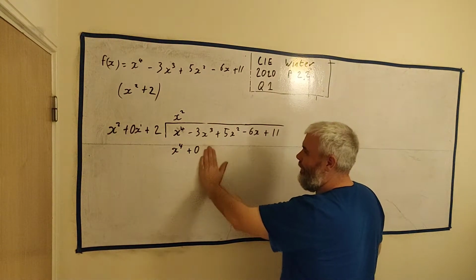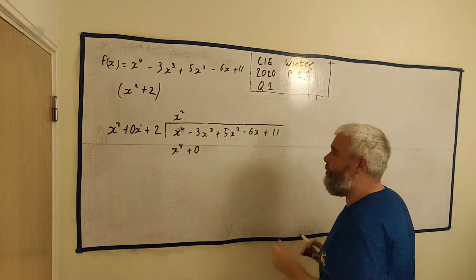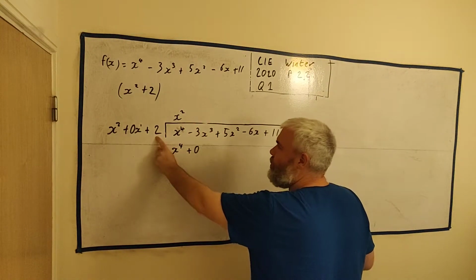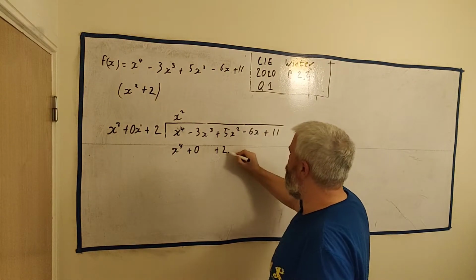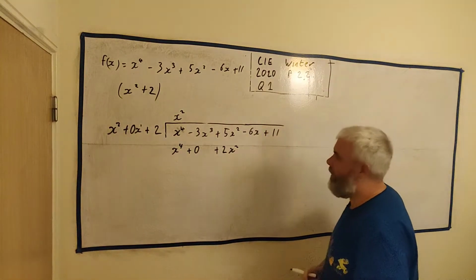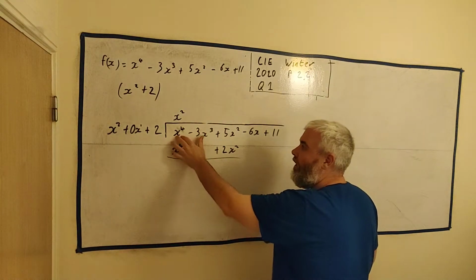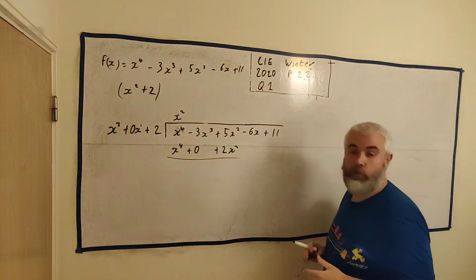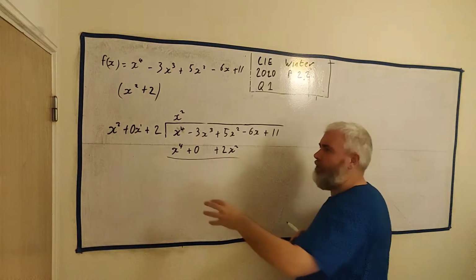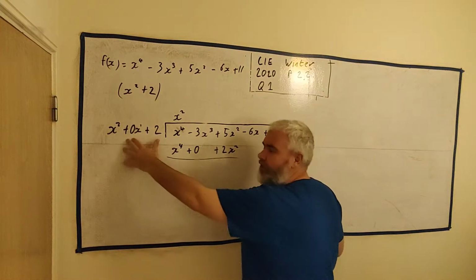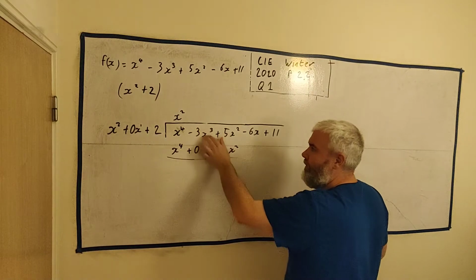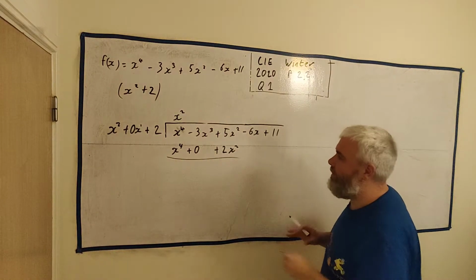It's okay if you do though. X squared times 2 is 2x squared. We're going to take this away from this number and see how close we got to the right one. Anyway, let's see how close we got.